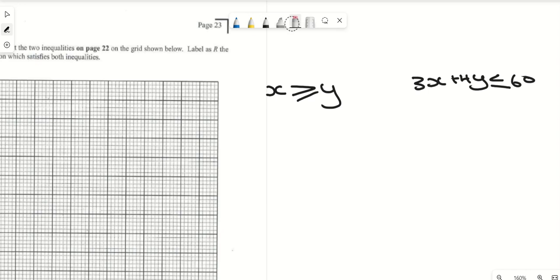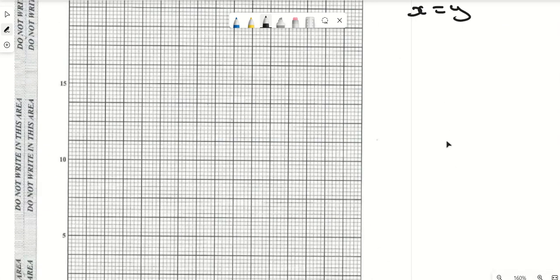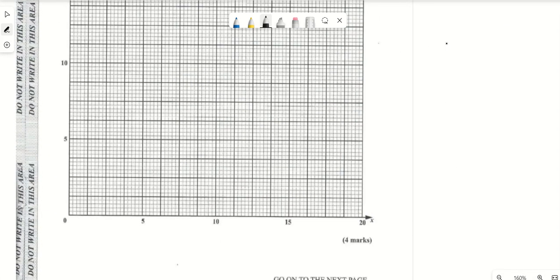We're going to erase this, right? So we're going to change it to an equation. So it's x is equal to y, and this one would be 3x plus 4y is equal to 60. Now, when we are saying x is equal to y, we know that the origin, 0, 0, is x equals y.